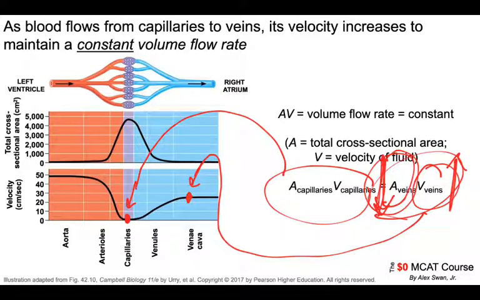In order for this volume flow rate to remain constant, that's what must occur. Right, so the short answer to my question, why does blood increase in velocity? The short answer to that is because the total cross-sectional area decreases. But the real answer is so that the fluid can maintain a constant volume flow rate.